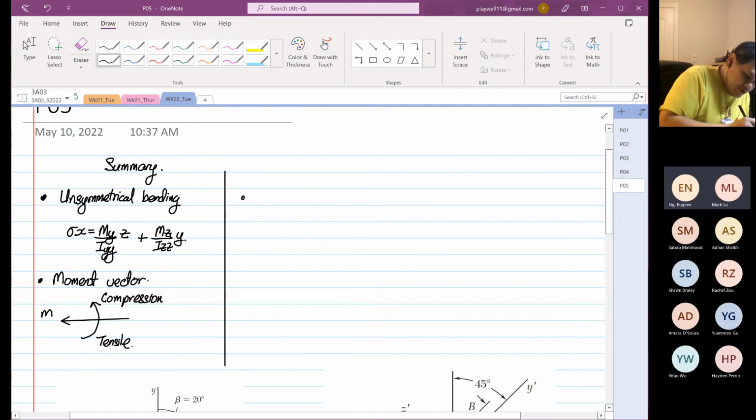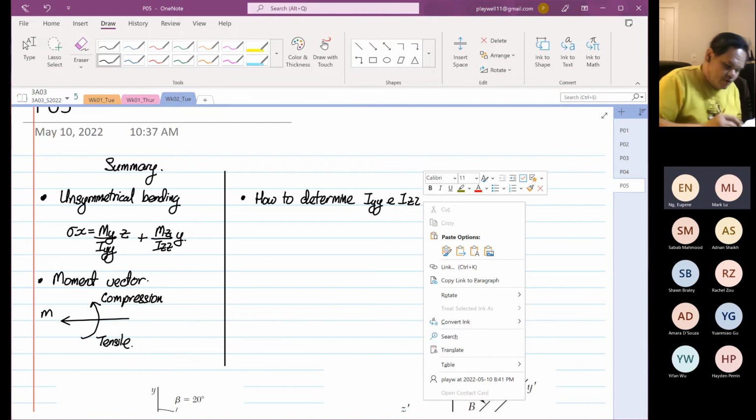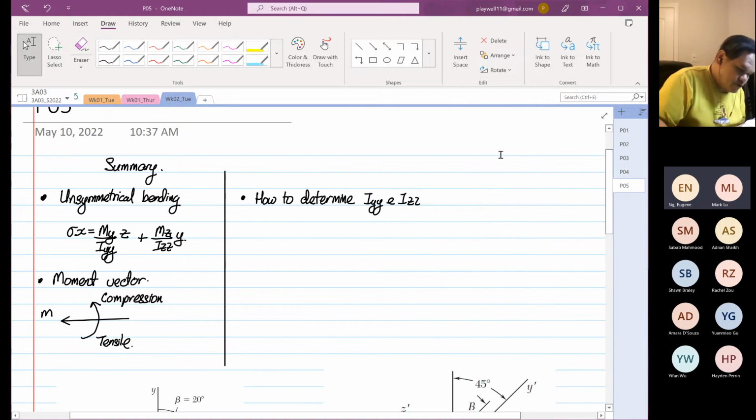Then the next one is how to determine Iyy and Izz, right? So we already know, right? So you just need to draw this out. Just draw a rectangle out.